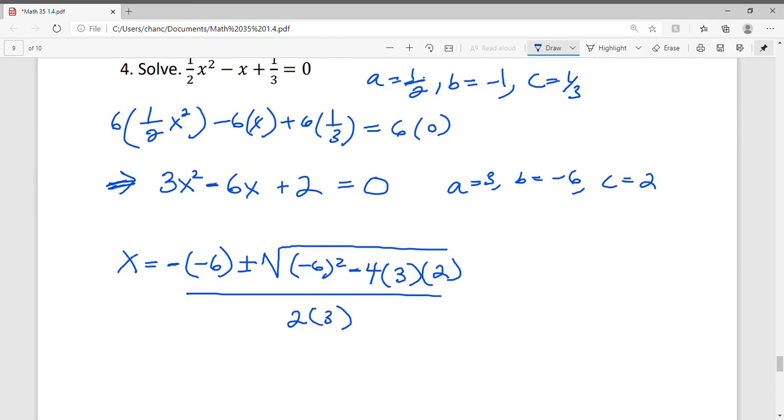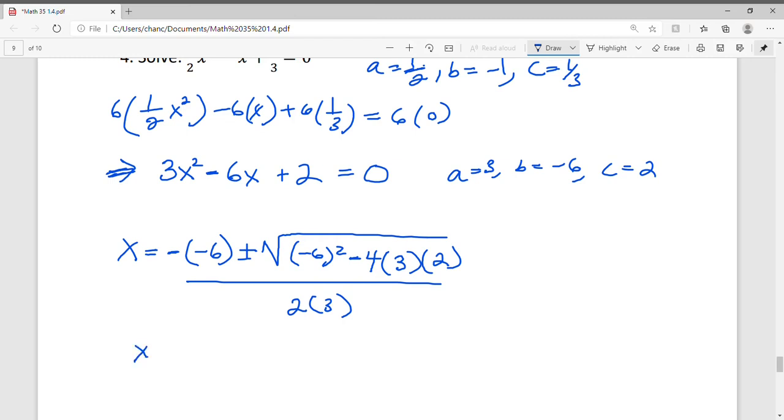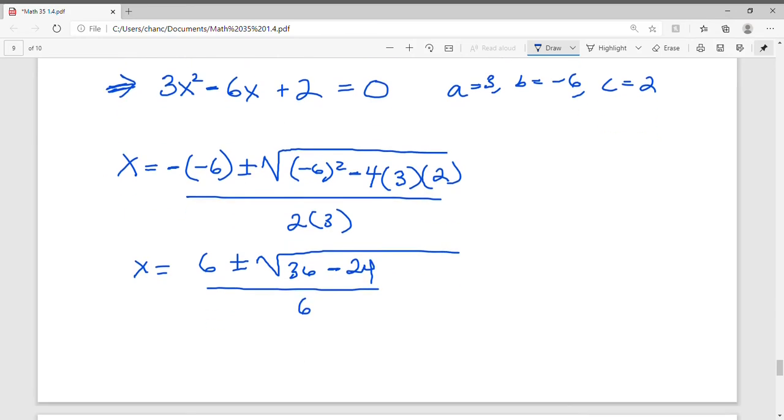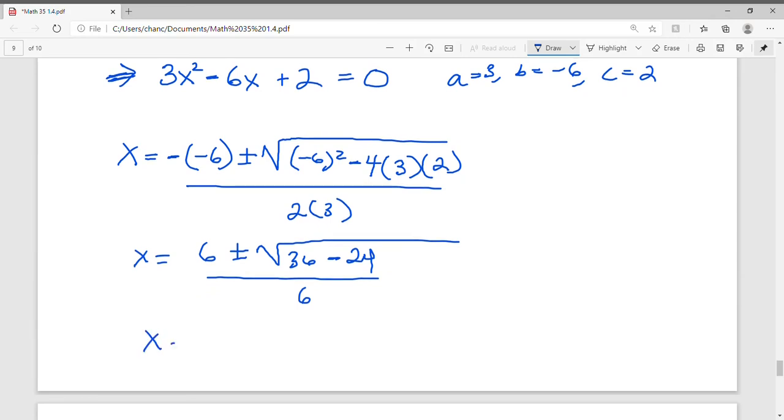Again, check my work, make sure it's correct. x equals 6 plus or minus the square root, negative 6 squared is 36 minus 24, divided by 6. x equals 6 plus or minus the square root of 36 minus 24, which is 12, and we're almost done.